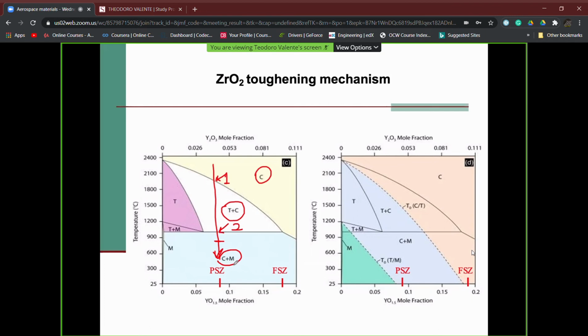So first, when we add, as in this case, yttria stabilized yttria oxide, from a thermodynamical point of view, our material at room temperature is stable, showing not only one phase, the monoclinic, like in pure zirconia, but cubic and monoclinic.